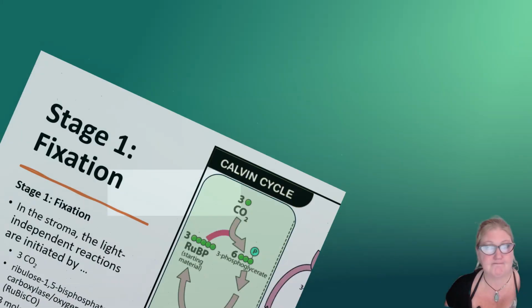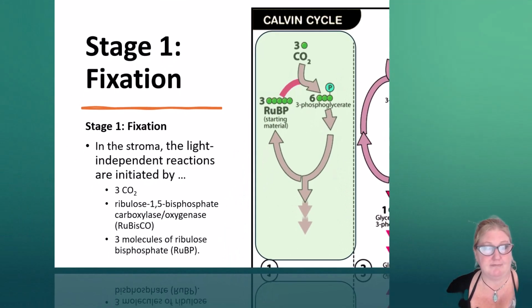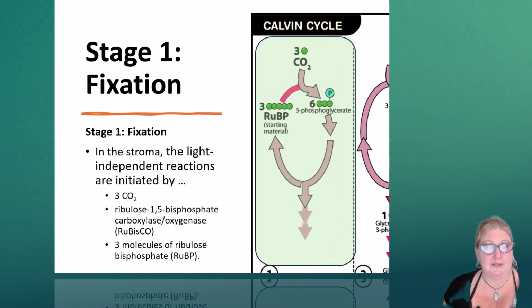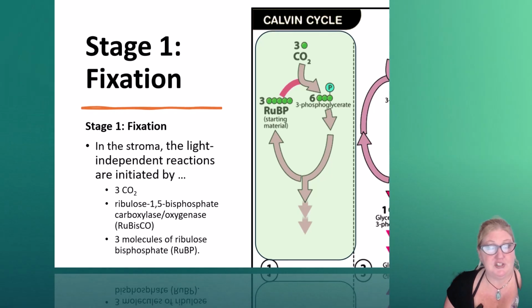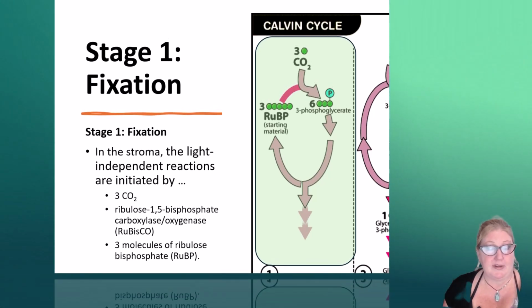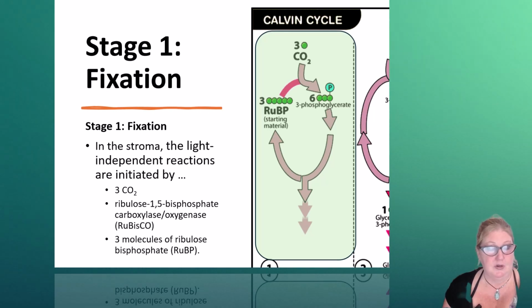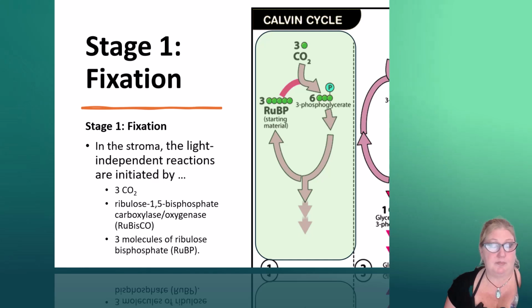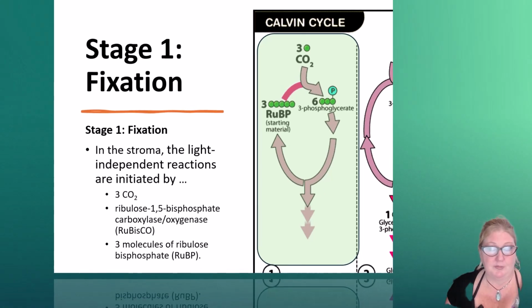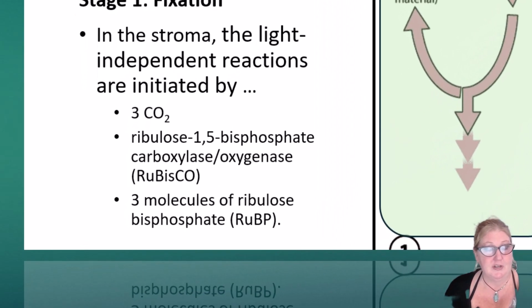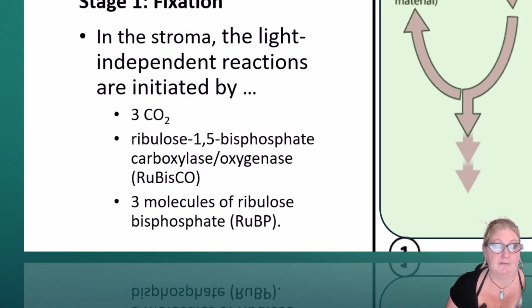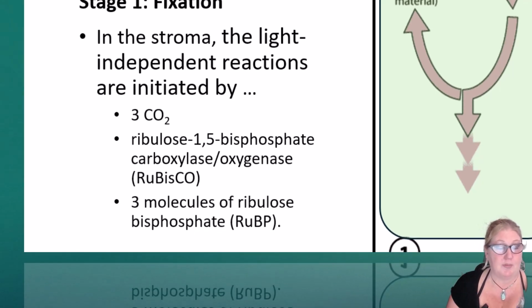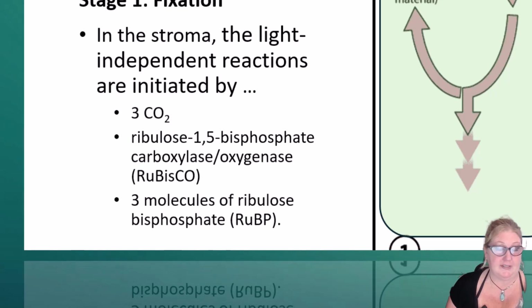Stage 1. Fixation. In the stroma, the light-independent reactions are initiated by 3 carbon dioxide molecules, 1 Rubisco molecule, and 3 RuBP molecules. Rubisco is the abbreviation for ribulose 1,5-bisphosphate carboxylase oxygenase.